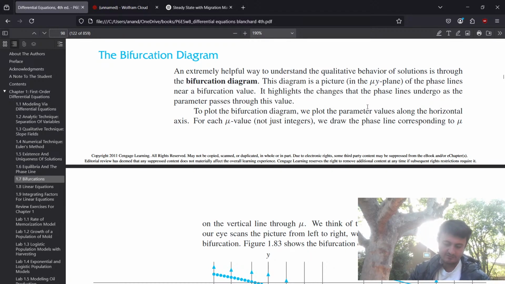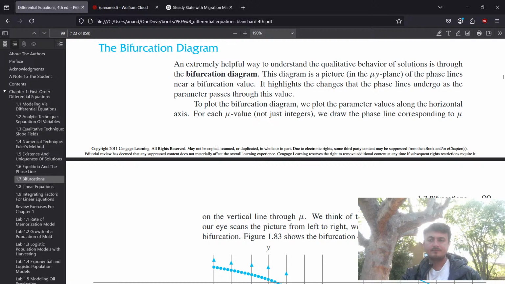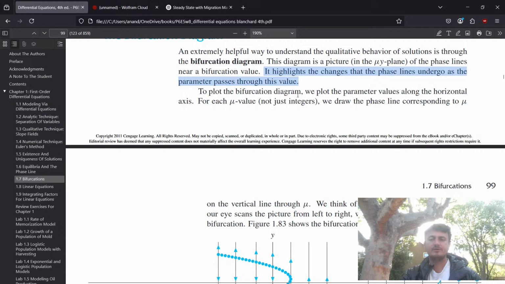So, bifurcation diagram is a mu y plane plot of the phase lines near a bifurcation value. It highlights the changes that the phase lines undergo as the parameter passes through this value.